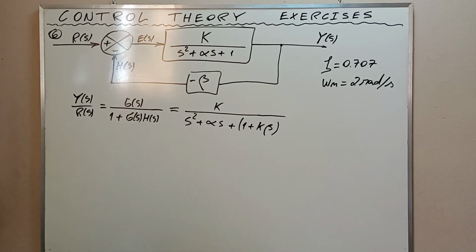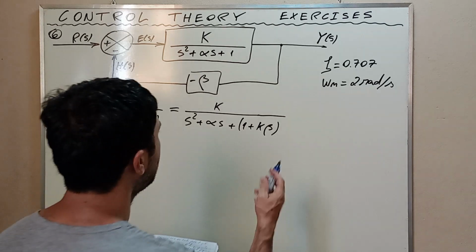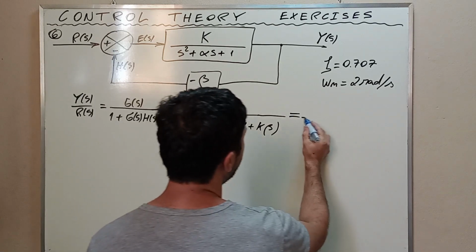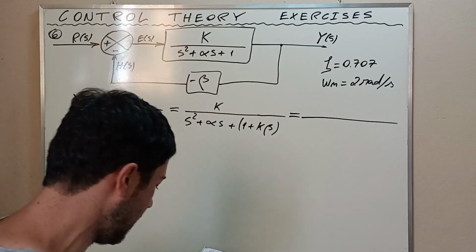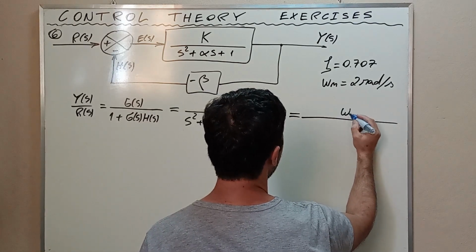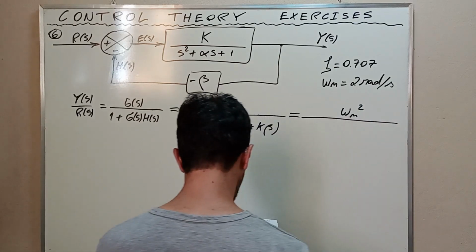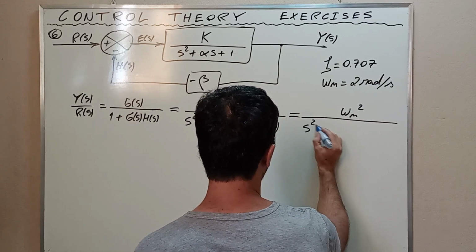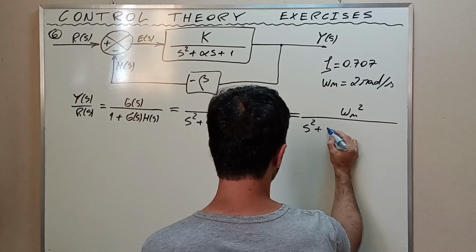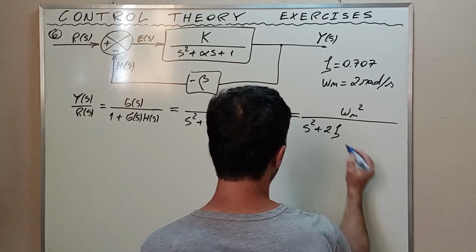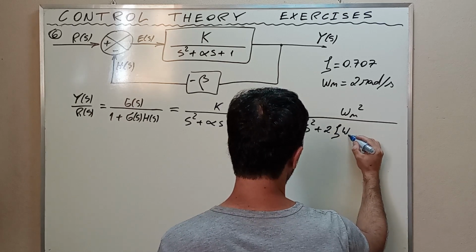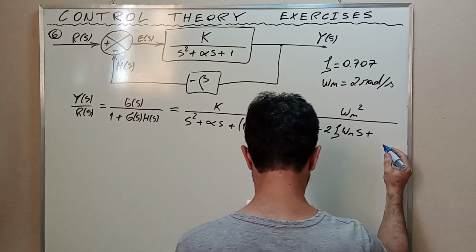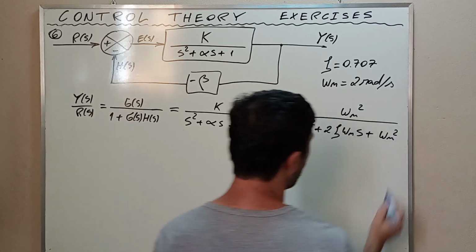Comparing this transfer function with the standard form for second order systems, which is Wn squared divided by s squared plus 2 times zeta times Wn times s plus Wn squared.